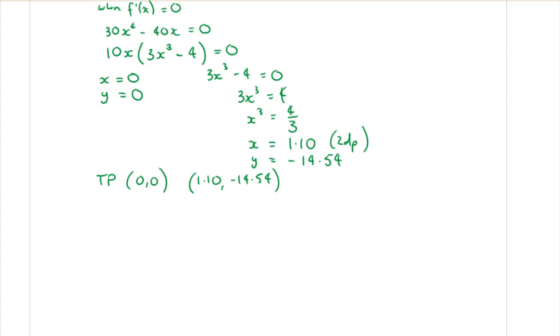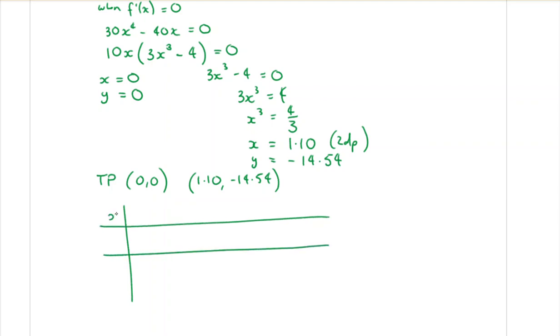And we do that with our table with 3 rows. First row is the x values. Second row, we're testing the slope. We're putting it into the derivative. And the third row is where we draw our slope. So our x values this time, let's put a few columns in here.